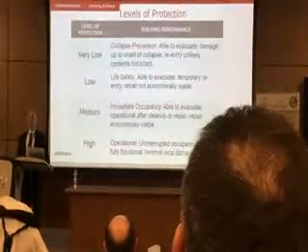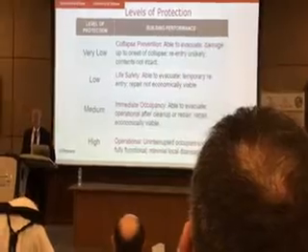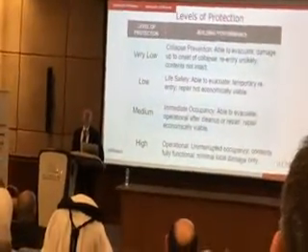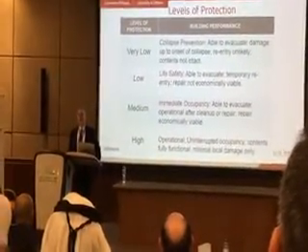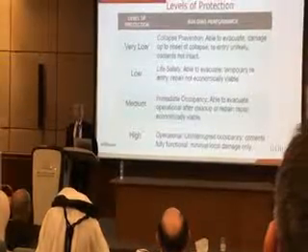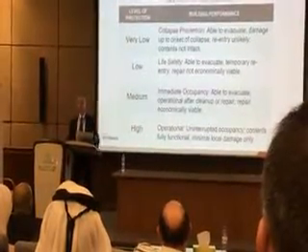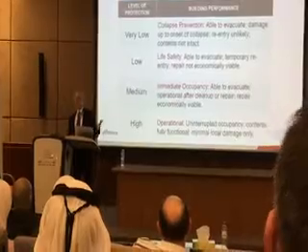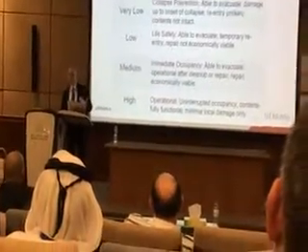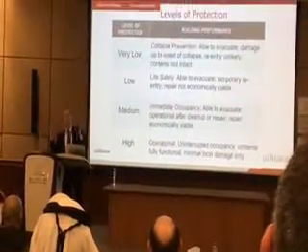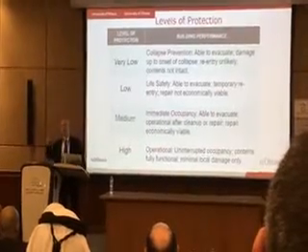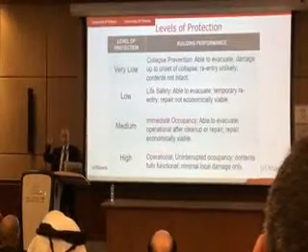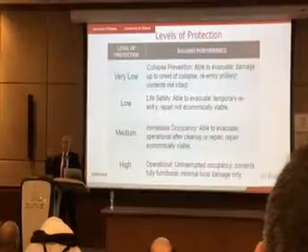If you have very low protection, which means the building is important but not that important, then you design buildings for collapse prevention. Collapse prevention means your building, you sacrifice it so long as you save occupants. Building comes on the verge of collapse, but it doesn't collapse. That means your deformation limits, your ductility has to be designed accordingly.